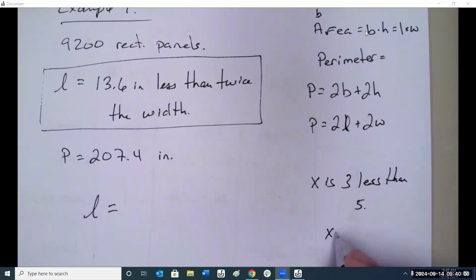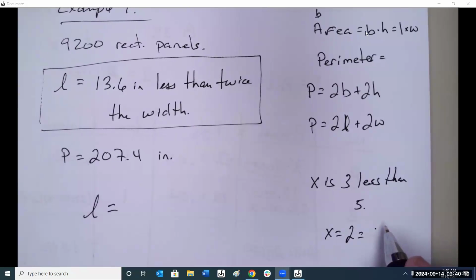So what is X? How'd you get 2? Tell me how you did. Give me numbers. 3 minus 5 is -2.